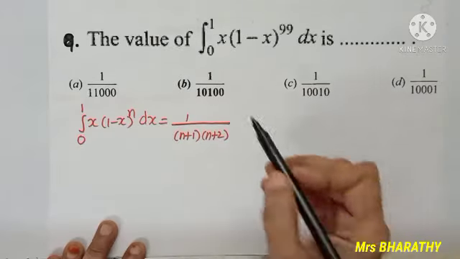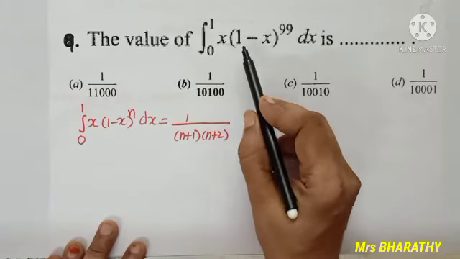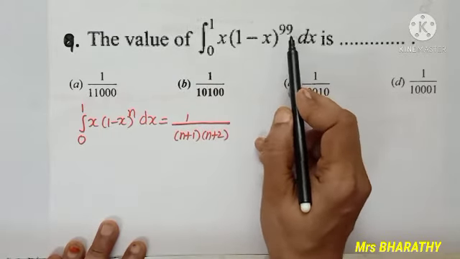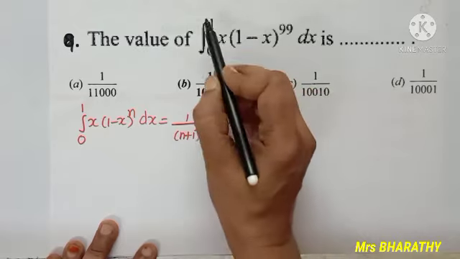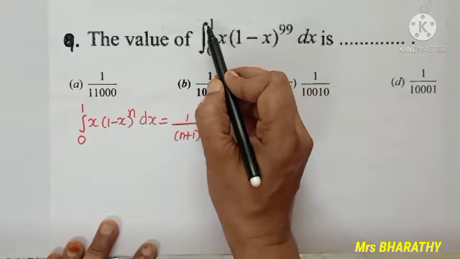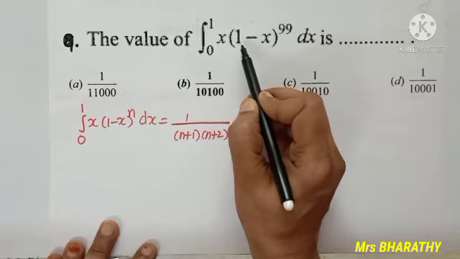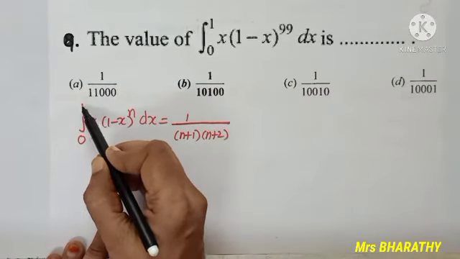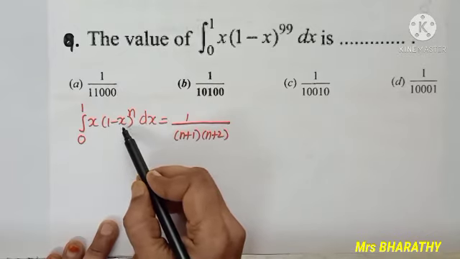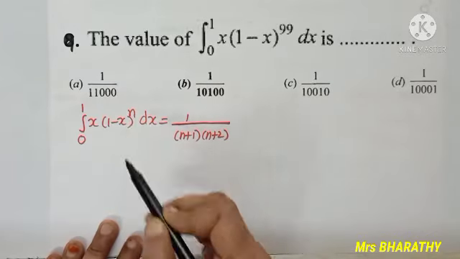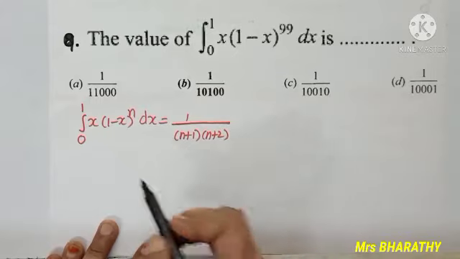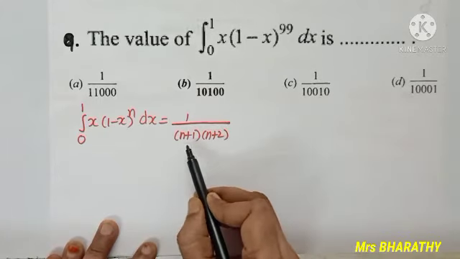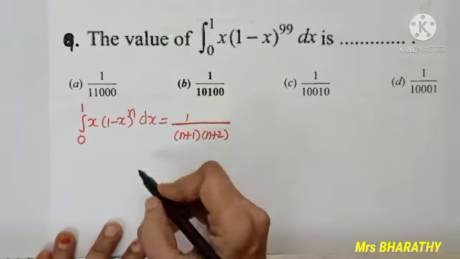Question number 9. The value of integral 0 to 1 x into 1 minus x power 99. Upper limit 1 and I have 1 minus x. So whenever it is of the pattern 0 to 1, x into 1 minus x, the whole power n dx, the formula is 1 by n plus 1 into n plus 2.